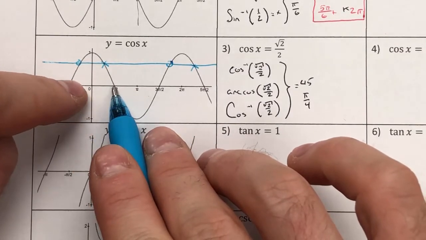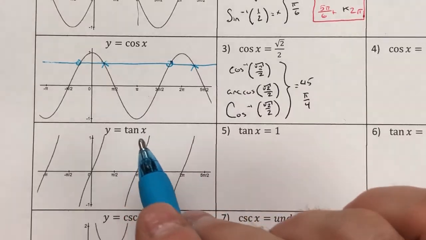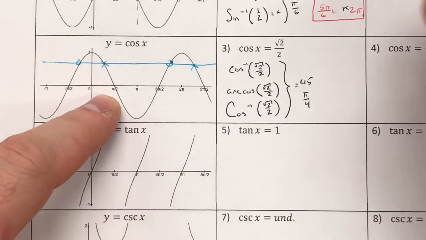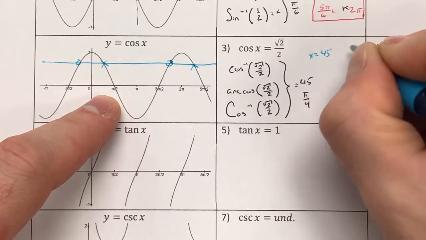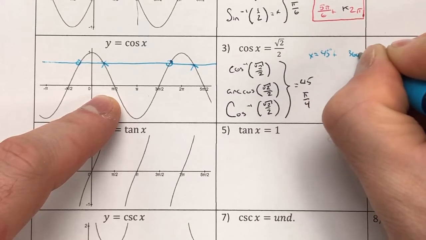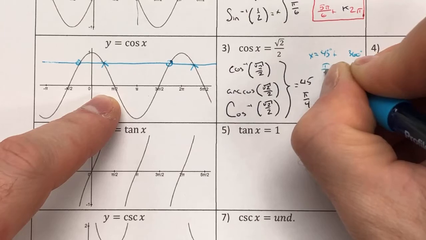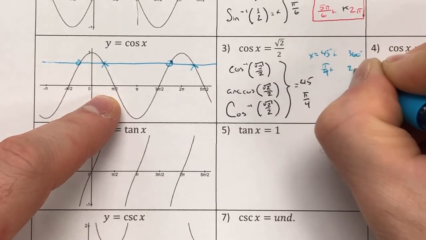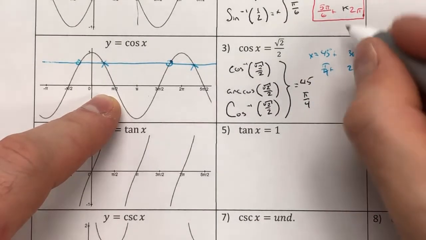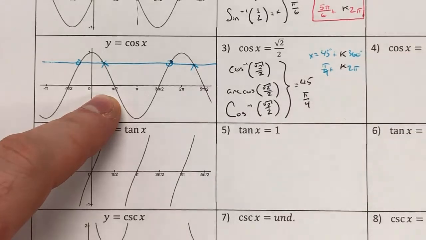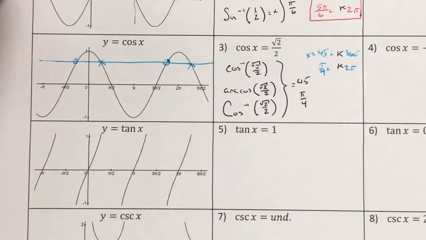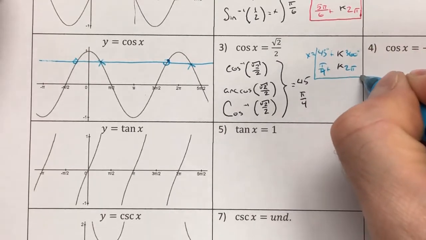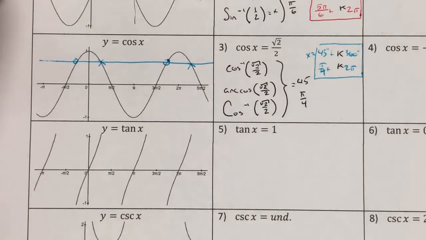This is half of pi, which means that this is going to be roughly equal to half of that. So x is equal to 45 degrees plus 360, or pi over 4 plus 2 pi k times. And I'd get part of my answer. I would get every answer marked with an x. What I wouldn't get is the second value of the answer.